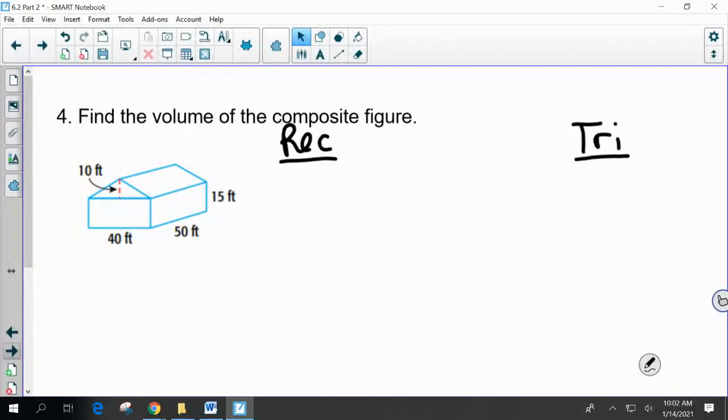Okay, so for the rectangle, the three numbers that I would use would be 40, 50, and 15. Remember that if you didn't put them in the same order as me, don't erase, you should end up with the same answer in the end.